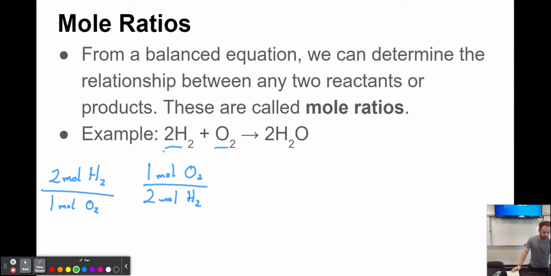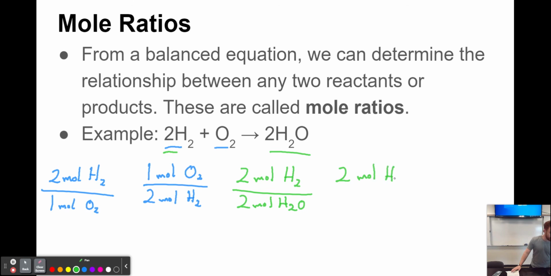So if we want to know the relationship between H2 and the product, H2O, we know that for every 2 moles of hydrogen that react, 2 moles of H2O are produced. Of course, we could simplify that to a 1-to-1 ratio, but I'm just using the coefficients from the balanced equation. We also know that for every 2 moles of water that was made, it took 2 moles of hydrogen to make it.